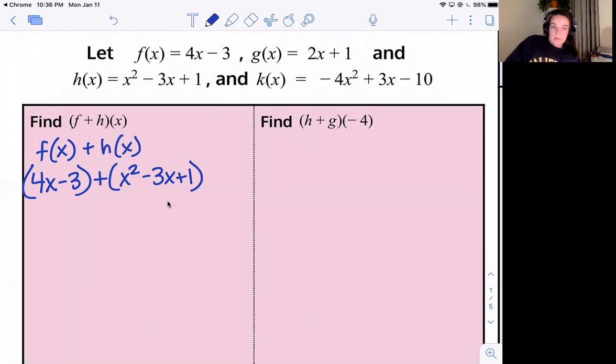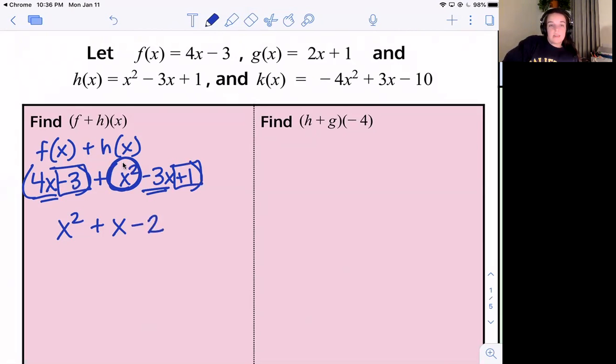My highest degree here is x squared, so we'll start with that. x squared doesn't have any like terms. I see 4x plus a negative 3x. Those are like terms. 4 plus negative 3 is like 4 minus 3, which would be plus 1x. And then I have negative 3 plus positive 1, so negative 3 plus 1 would be minus 2.